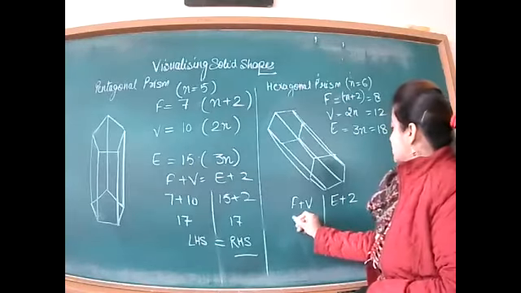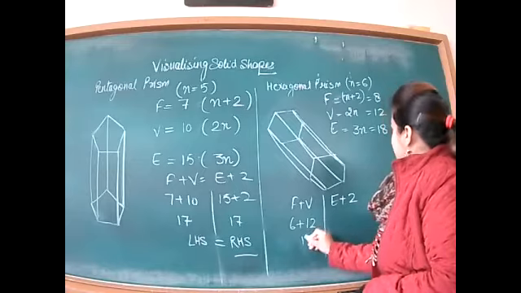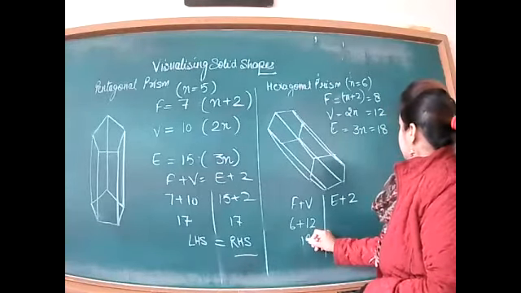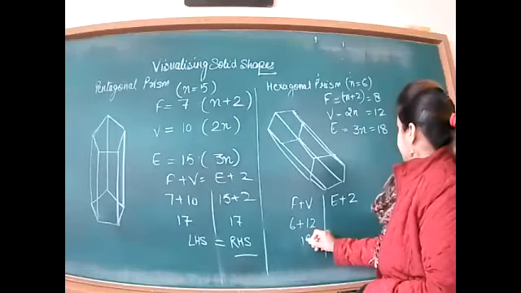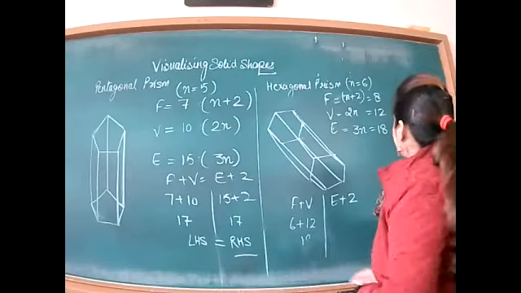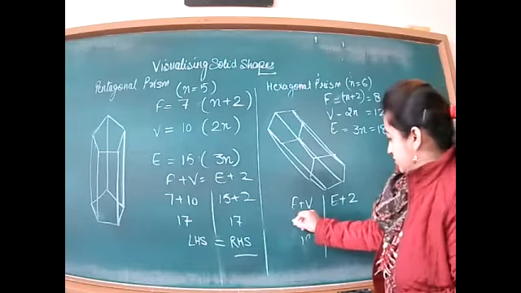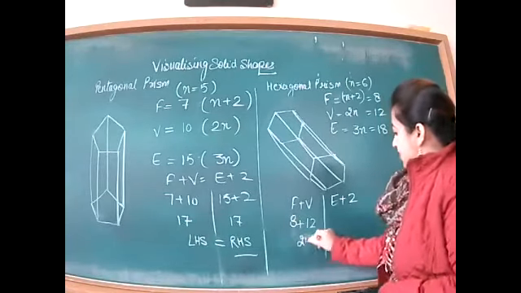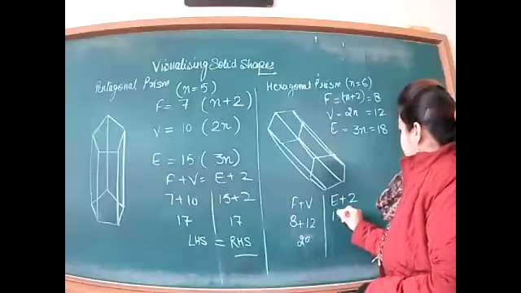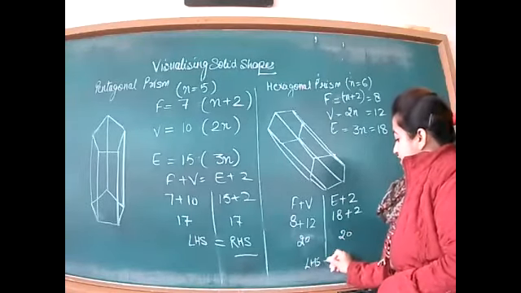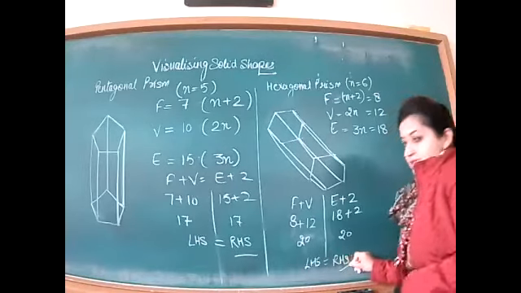Faces 8, vertices 12, that is, sorry, faces is 8. 8 plus 12 is 20. Edges are 18. 18 plus 2 is 20, which is left hand side equal to right hand side.